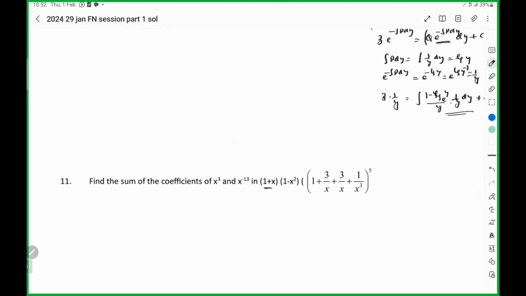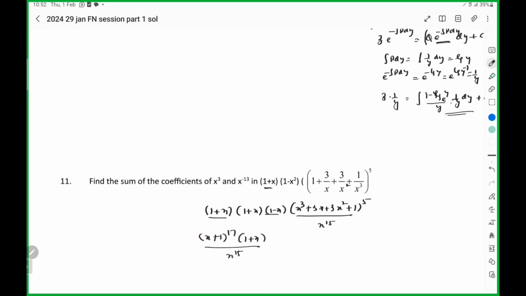Here also, careful observation, what it gives. So (1 plus x) into (1 minus x cube plus 3x squared plus 3x plus 1) power 5 by x power 50. So after simplifying, it is (1 plus x) whole power 17 by x power 50. Here it is 1 minus x.